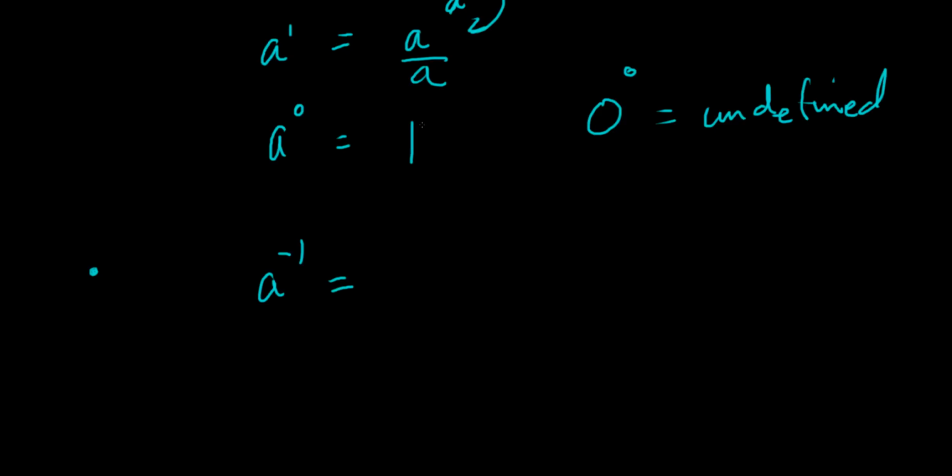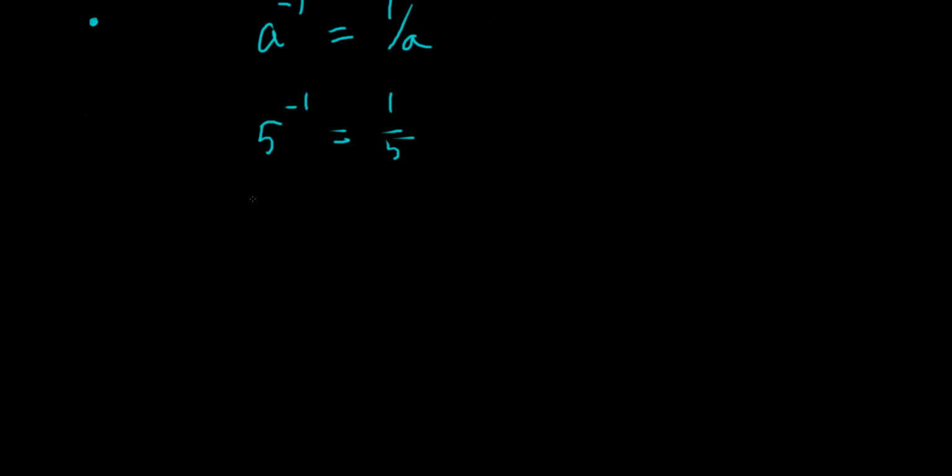Well, if you have 1 and you divide by a, we see it's just 1 over a. So any number to the -1 power is just 1 over that number. It's like taking the reciprocal. So for example, if you had 5 to the -1, that's just 1/5. If you had 100 to the -1, that's just 1 over 100.